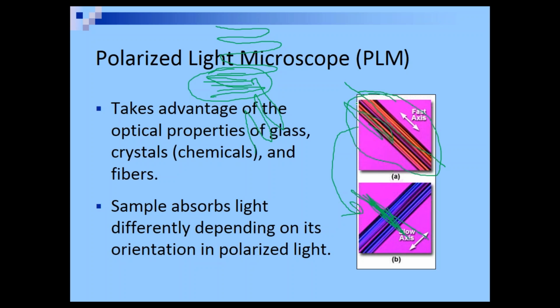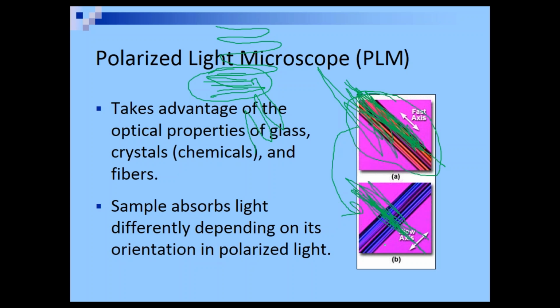We can always think of the light as zigzagging in this direction. So if it goes through the fiber zigzagging in this direction, the fiber appears orange. If the light's going in this direction and the fiber is in the opposite direction, then it appears blue.